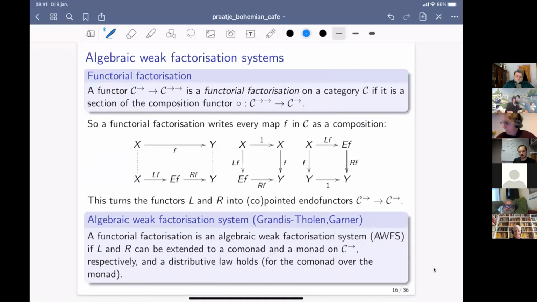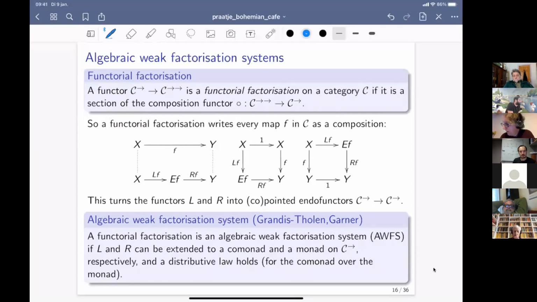I can't give a huge introduction to this theory, but let me just mention very quickly what it is basically about. In a refactorization system, you have a factorization of your map.